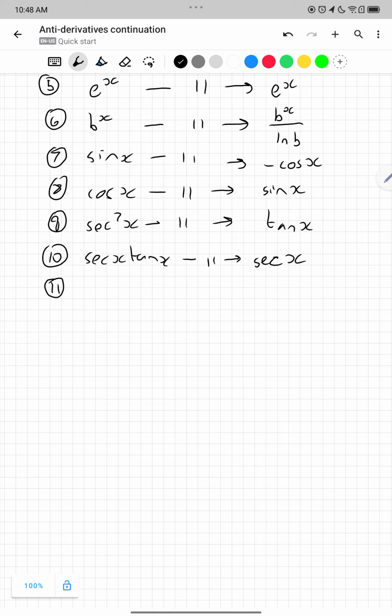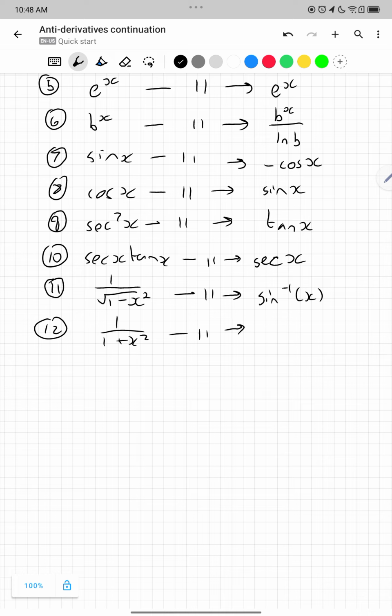So 1 all over root 1 minus x squared, the antiderivative of that is arcsine x. And 12 is 1 all over 1 plus x squared, the antiderivative of that is arctan x.